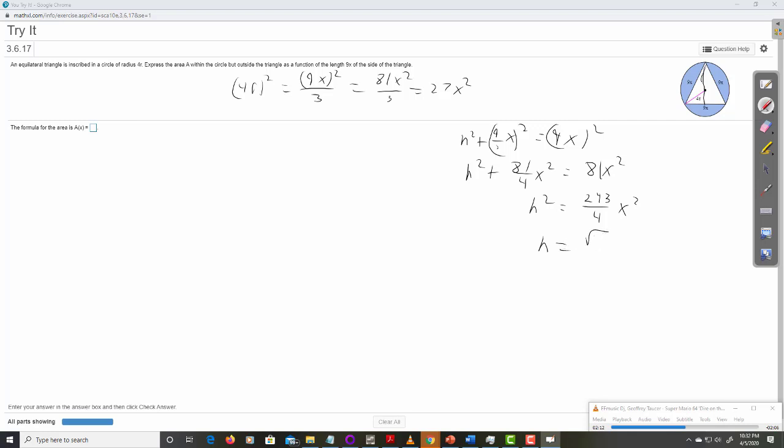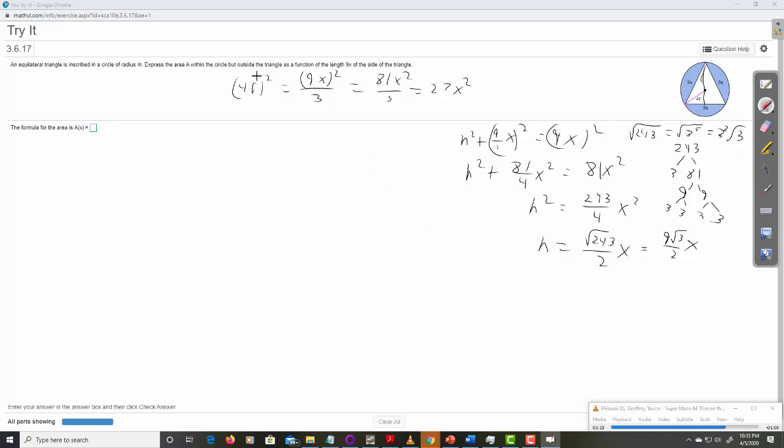So h would be square root of 243 over 2 x, or reducing that, 9 root 3 over 2 x, because 243 is 3 times 81, and square root of 81 is 9.